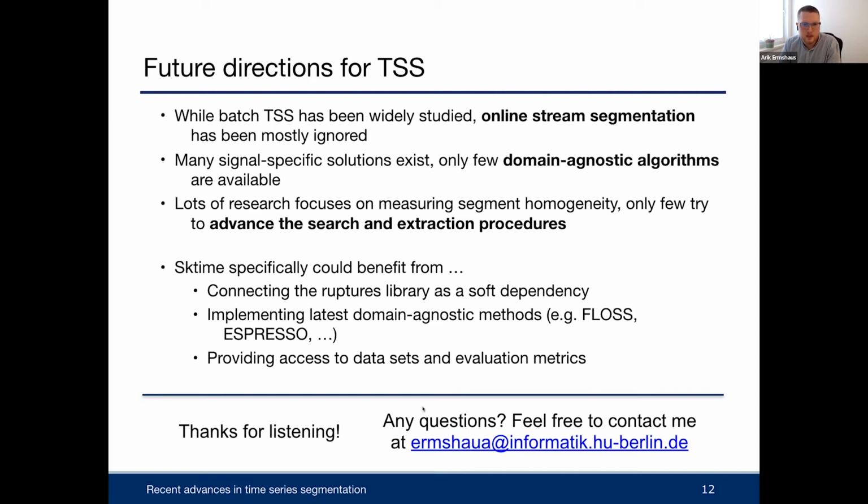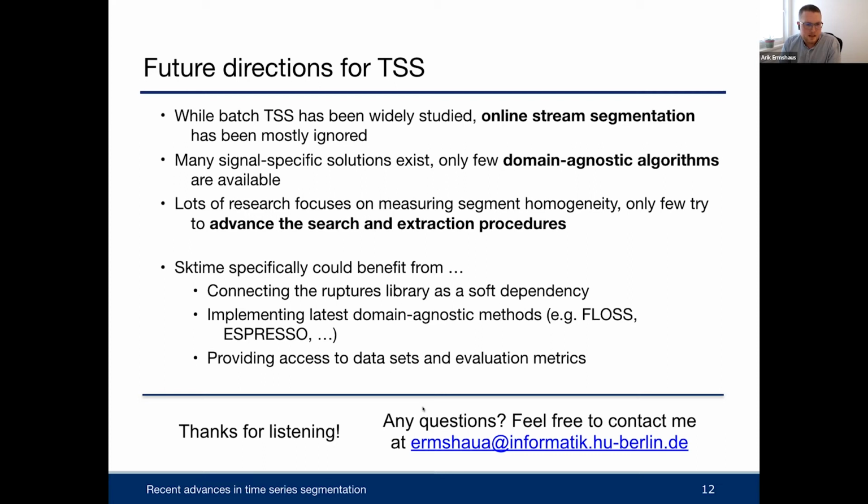And as the last point, also a lot of research is just focused on the cost functions, but I would say that it's also very interesting, and it needs more research to also look into the actual search of hypothetical segments and into the extraction procedure. So how many change points are actually present in the data?